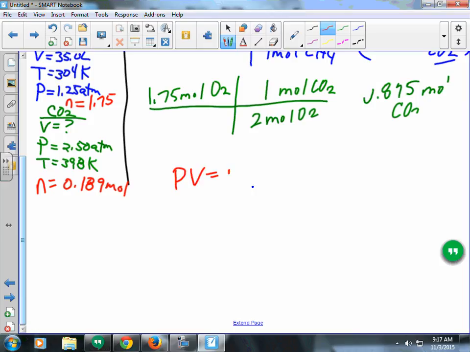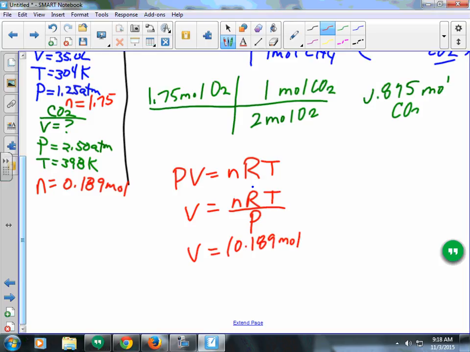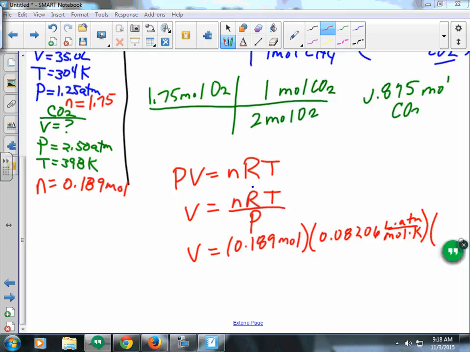So PV equals nRT, and we are looking for V. So divide both sides by P. So we have 0.189 times R times T over pressure.